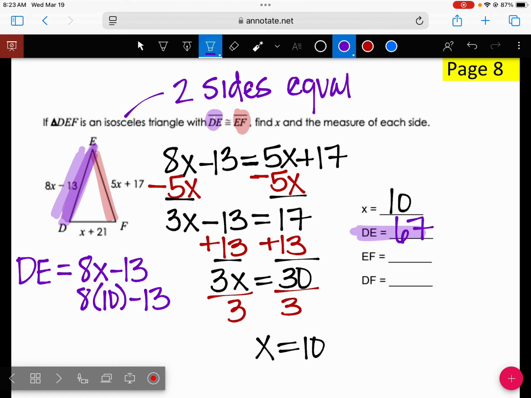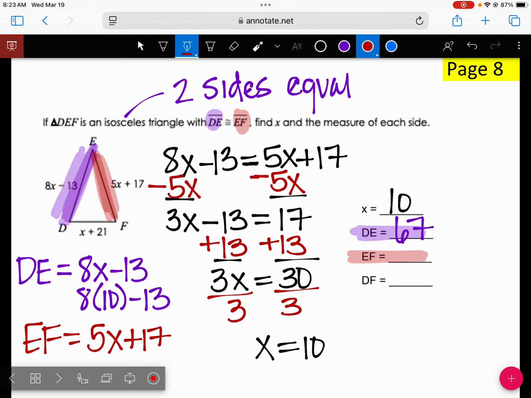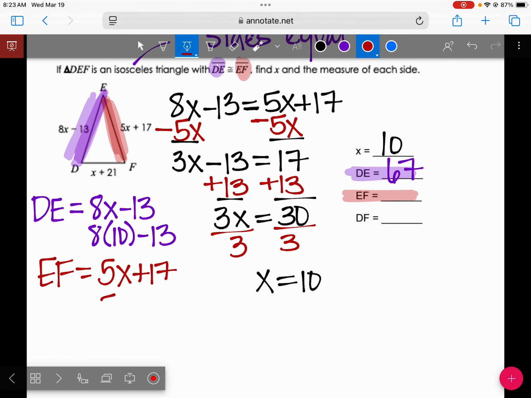So next we have the EF. So that's this side. Let's go ahead and figure out what that length is. EF is 5x plus 17. So that would be 5 times 10 plus 17. Go ahead and type that in. Now you should get the same answer that you got for DE.